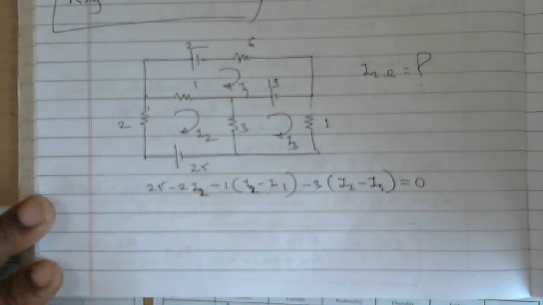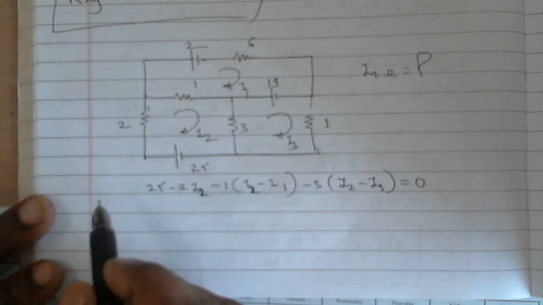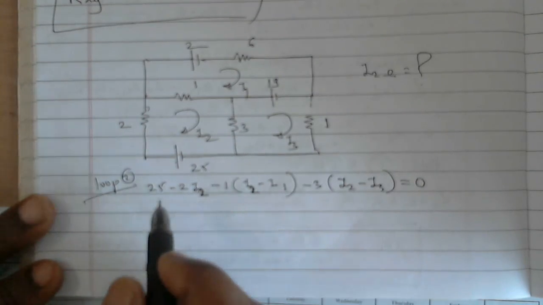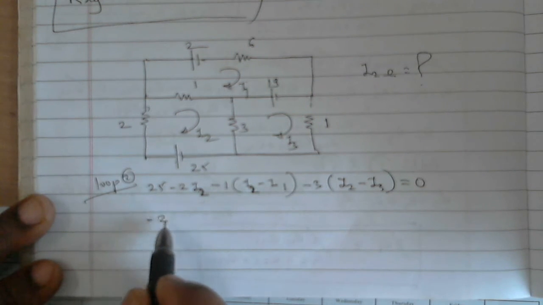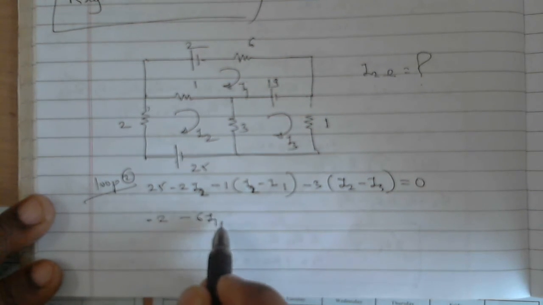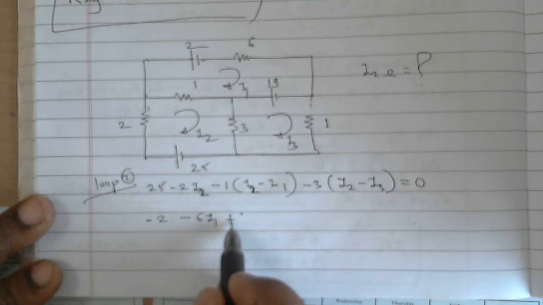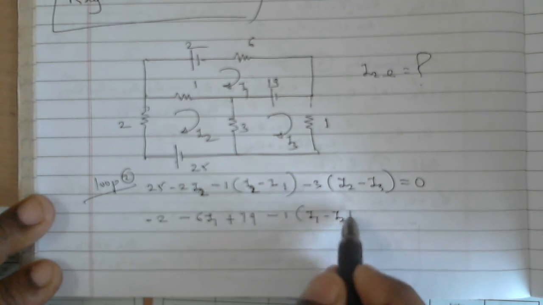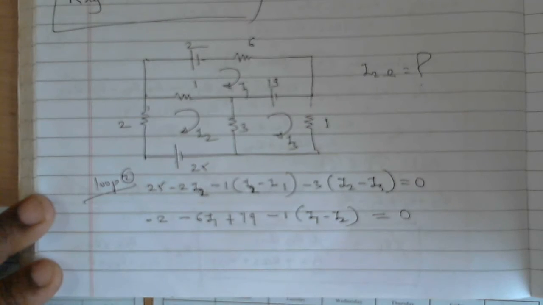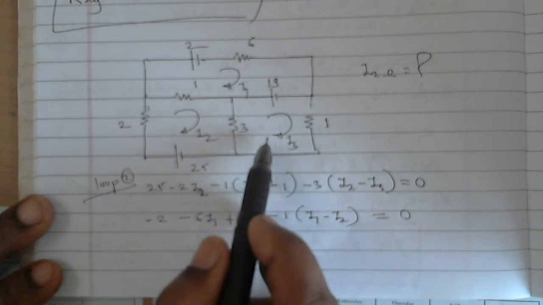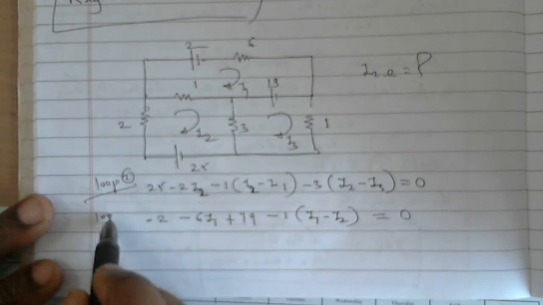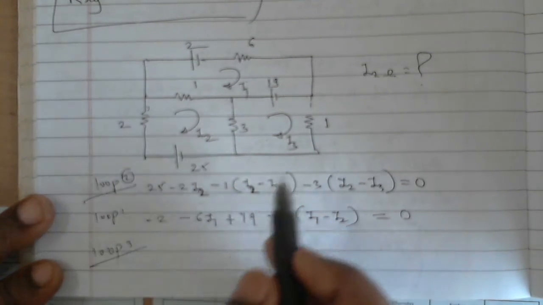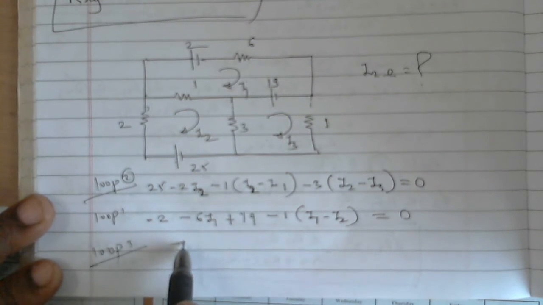This is first equation. Okay, this is in the second loop. If I start from here, minus 2 minus 6 I1 minus, sorry, plus 19 minus 1 I1 minus I2. This is second equation. And here in third loop, if I start from here, minus 19.